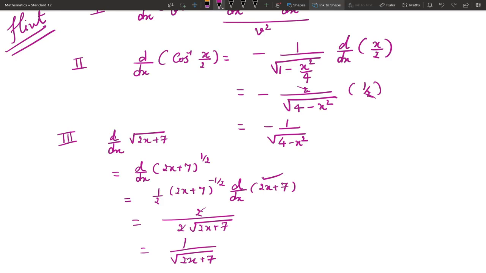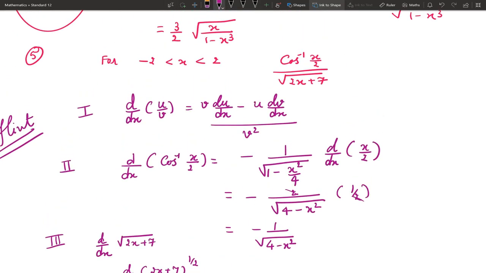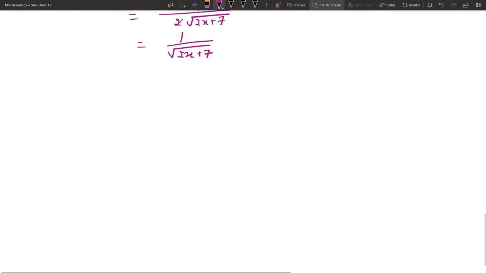So using this 3 step, easily you can differentiate d by dx of cos inverse x by 2 upon under root 2x plus 7. Next one, differentiate with respect to x for 0 less than x less than pi by 2.